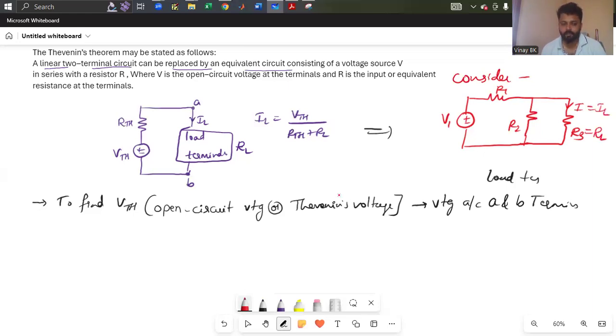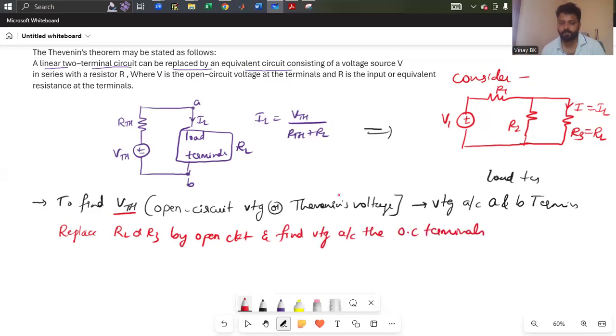In that case, to find the value of VTH, replace RL or R3 by an open circuit and find the voltage across the open circuit terminals.